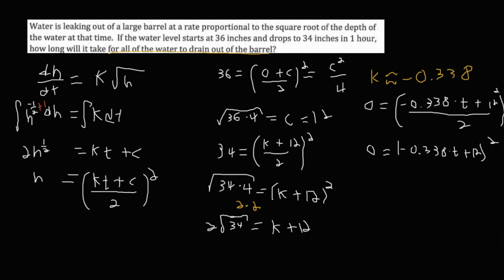Then we can square root and subtract 12. So take the square root of both sides. The square root of 0 is still 0, and then we can subtract 12, or move this to the other side. So now I'm just going to stop writing the thing. We know what k is, but I'm just going to write kt is equal to 12.